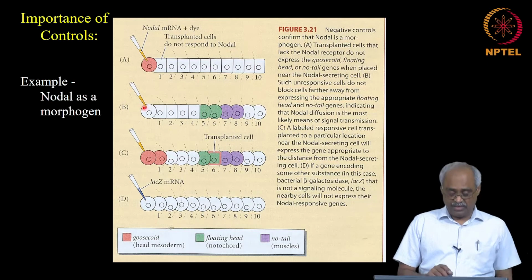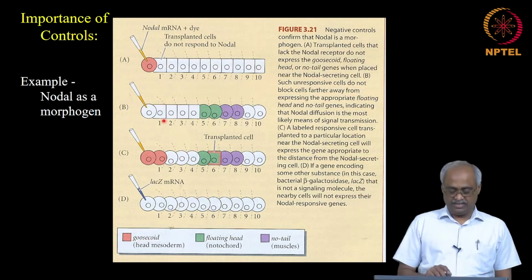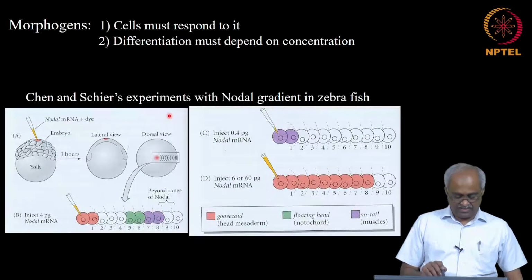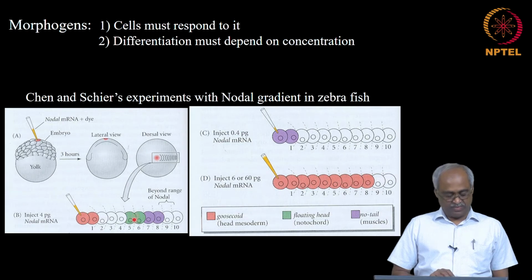In the B, the experiment is to test, yes, you are right, the neighboring cells are not the cause. What I am trying to say is, what if this becoming green was not because of the nodal concentration perceived by this cell.